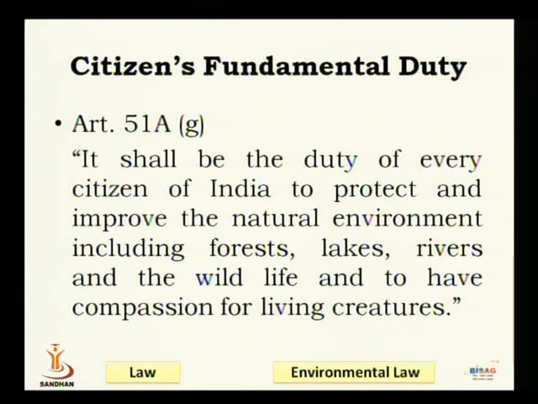Before independence, we were the subjects of our nation. Subjects do not have feelings. Subjects do not have honor. As we are politically independent by enacting the constitution for ourselves, it is mentioned in Article 51, citizen.